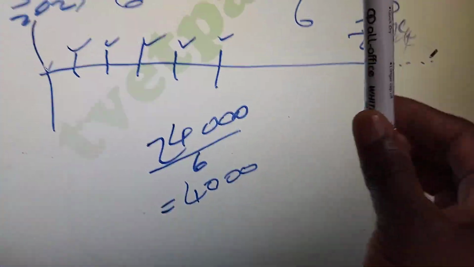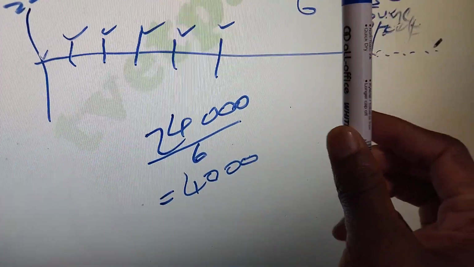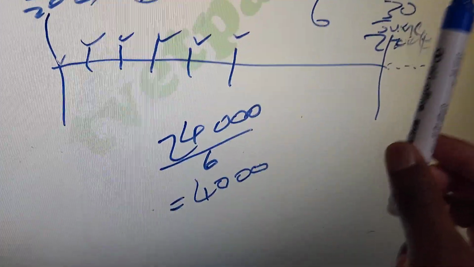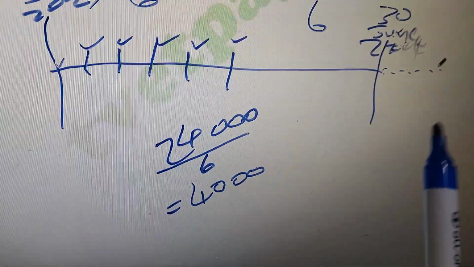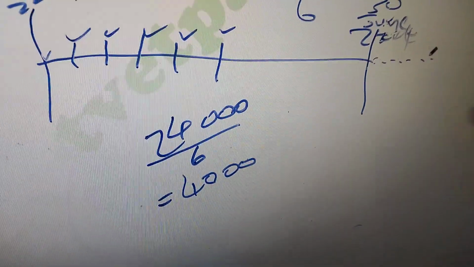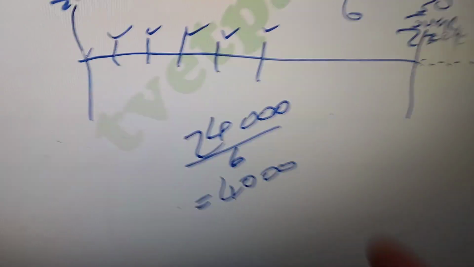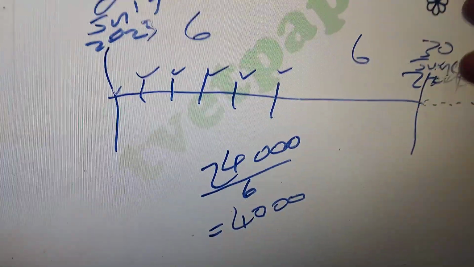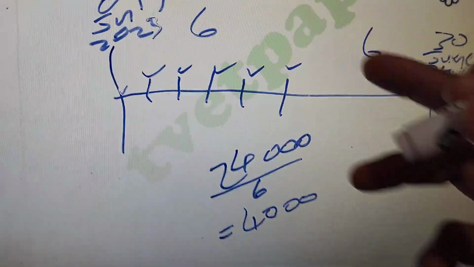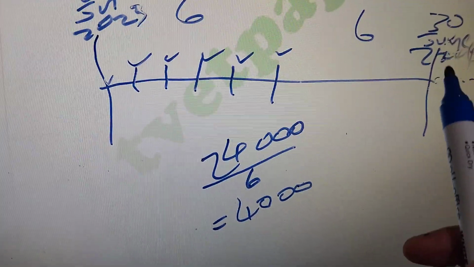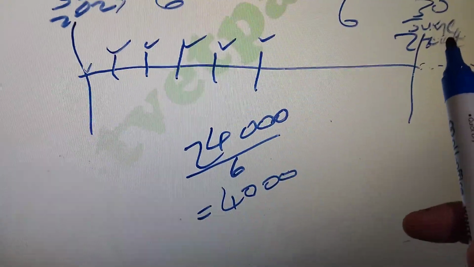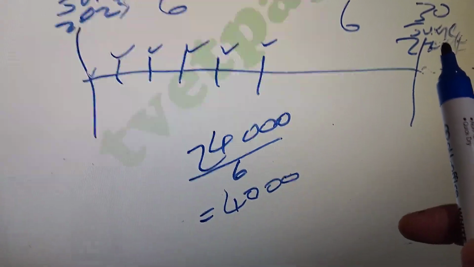Everything that is under the financial period, that didn't reach the end, which is 30 June 2024, you're going to add. This one didn't reach the financial period. It has 6 months outstanding to reach 30 June 2024, the end of the financial period.